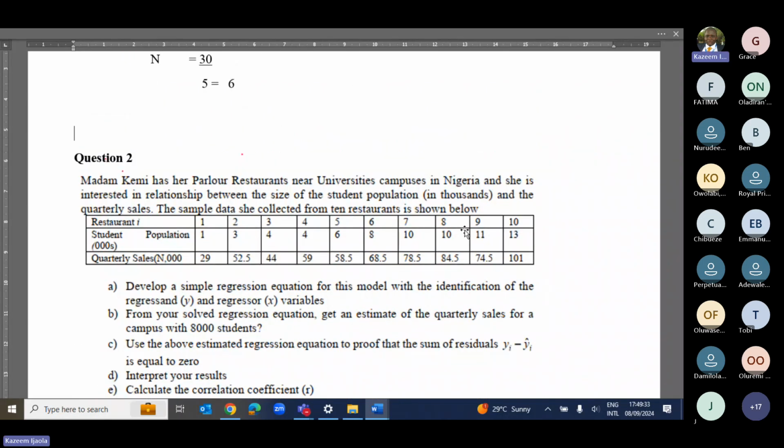Simple linear regression equation. This is the solution to the answer.